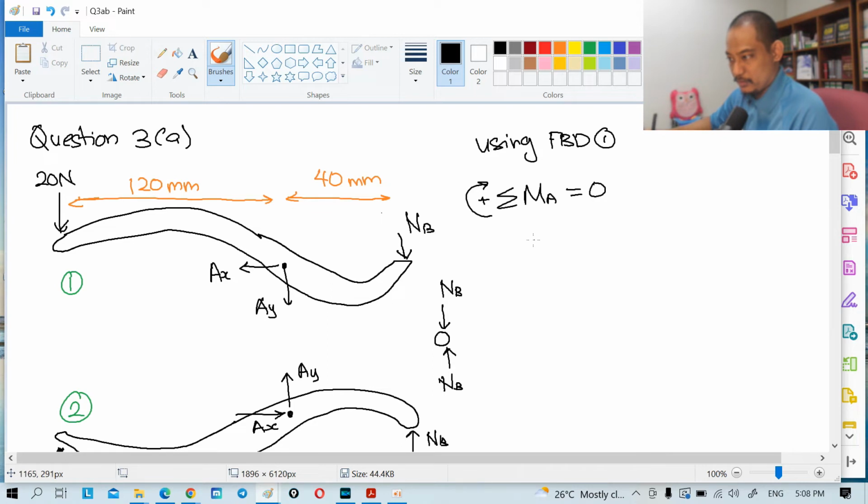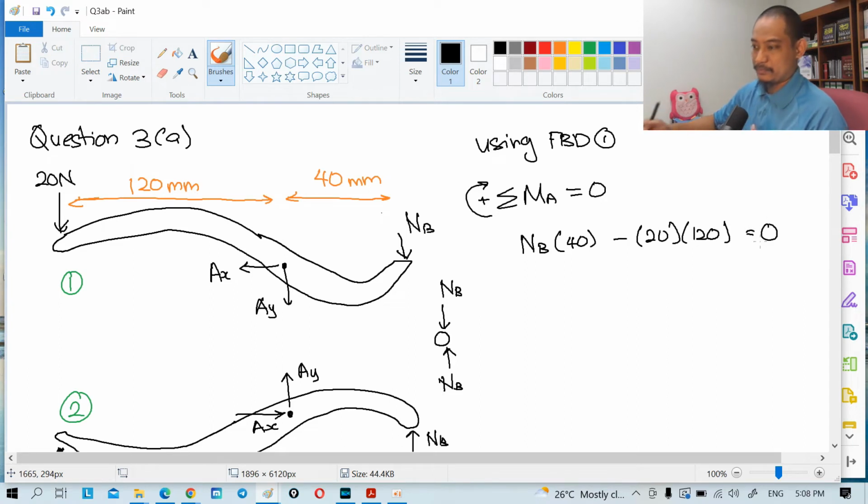So you'll get NB times 40 if you use millimeter, and then minus 20 times 120 equal to 0, right? This is counterclockwise and this is clockwise. So NB, you can calculate to be 20 times 120 divided by 40, 60 Newton.